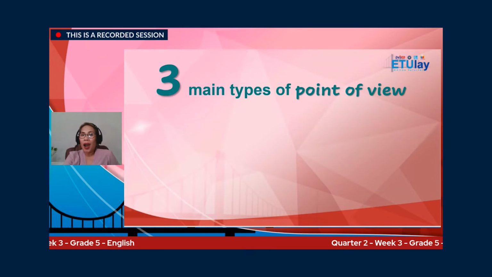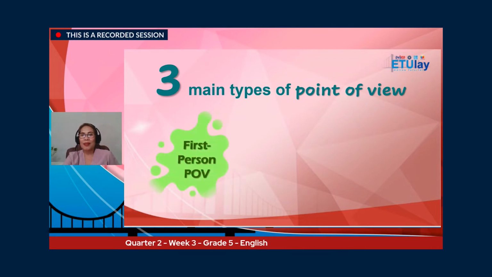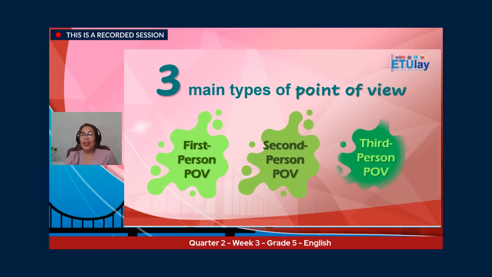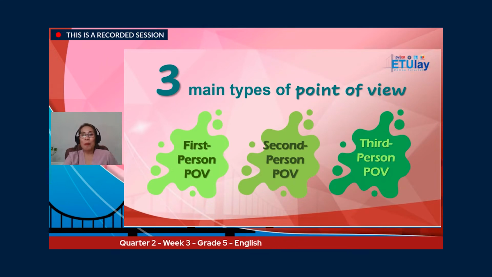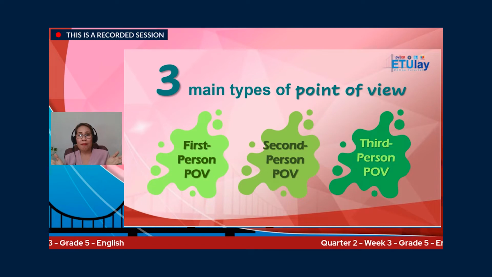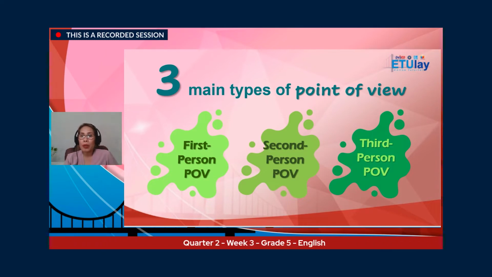Now, there are three main types of point of view. The first one is first person point of view. Then second person point of view. And third person point of view. Now, how does each differ from the other? Identifying the point of view from which a story or a piece of narrative is told is not always easy.